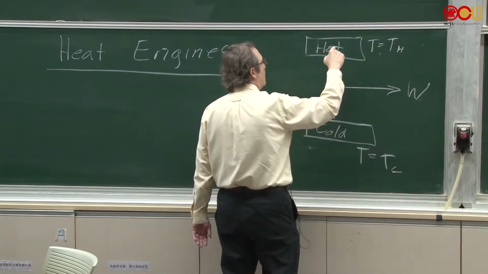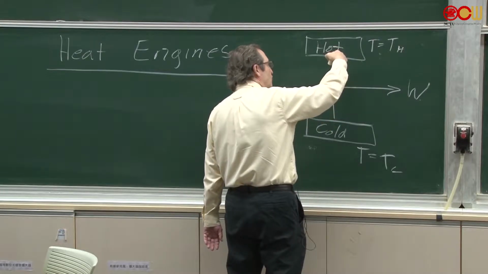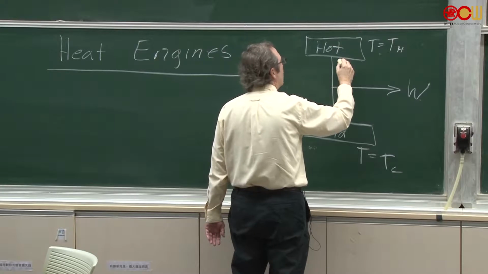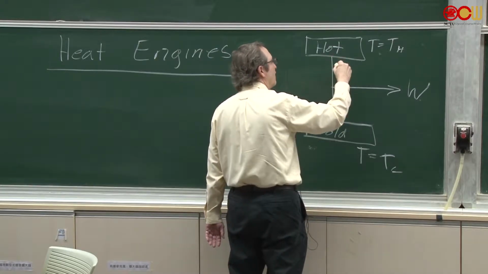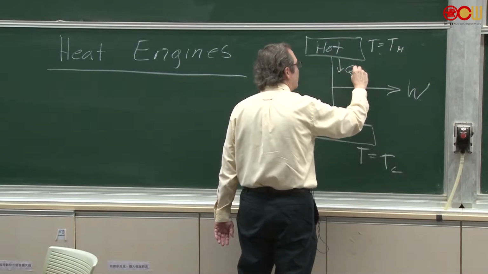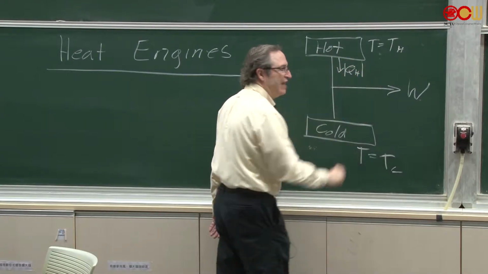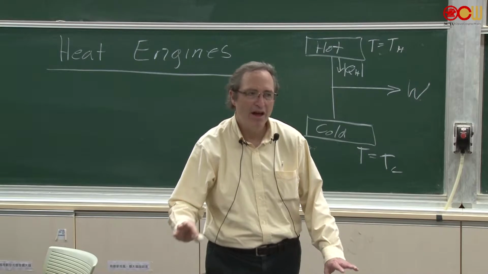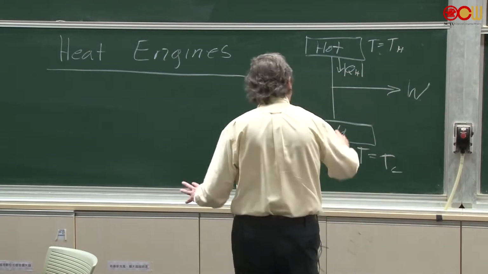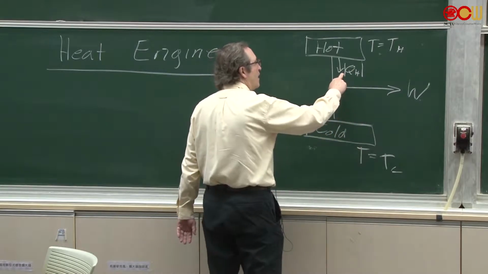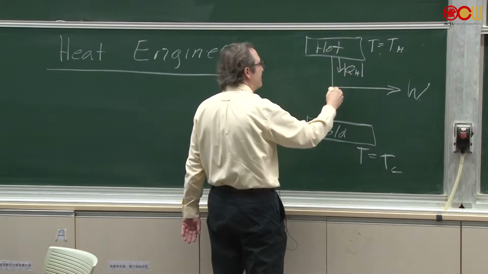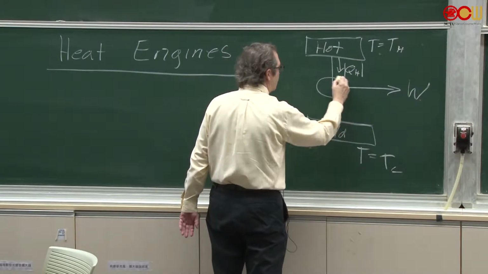So the system goes around in a cycle like this. It comes back to the hot reservoir. There's QH. And I'm going to use absolute value signs, so we don't have to worry about positive and negatives. There's energy, absolute value QH, positive energy going into the system. So here's our system.